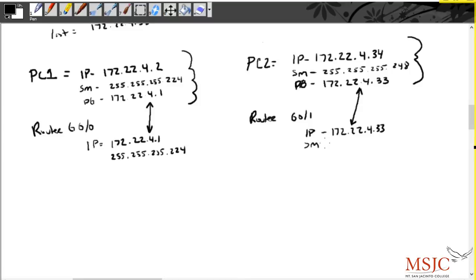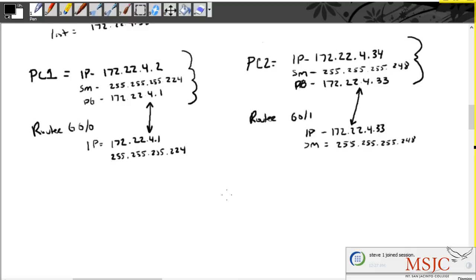Its subnet mask will be the same as PC2, 255.255.255.248. Those are the router interfaces that you'll be assigning to the devices inside the Packet Tracer.